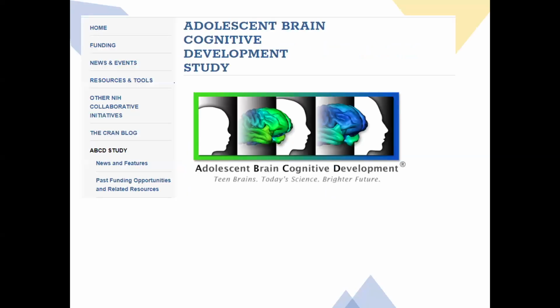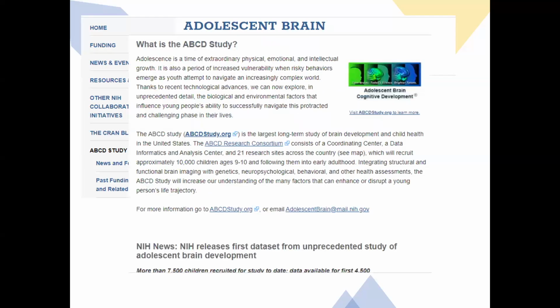And we see this also in large scale studies across the country, the ABCD study, which is a developmental study across a decade of life, following 10,000 children for over a decade, with a range of many different tests, including genetics, neuropsychological, behavioral, and health assessments.